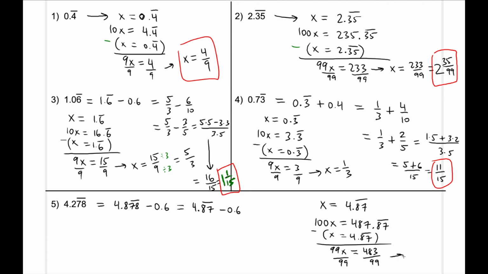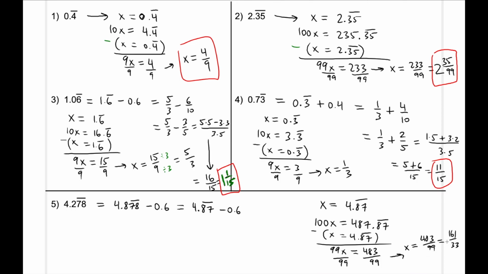You're going to get x equals 483 over 99. Now 483 over 99 can be reduced by dividing both numerator and denominator by 3. So if you divide by 3, you get 161 over 33.